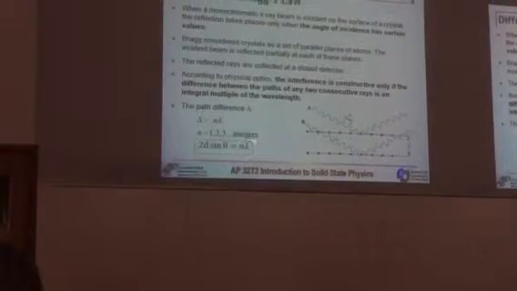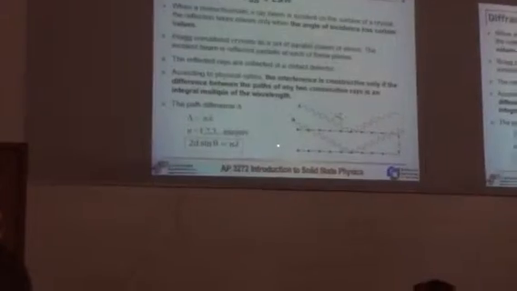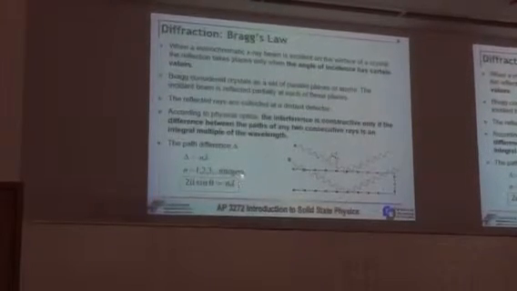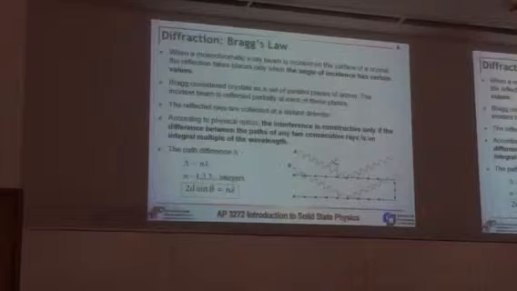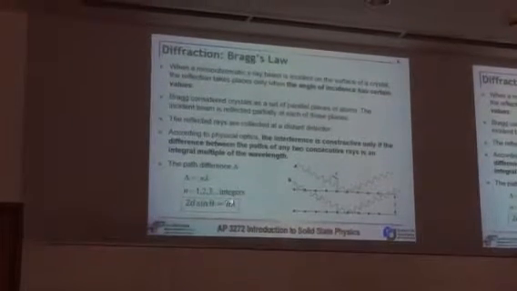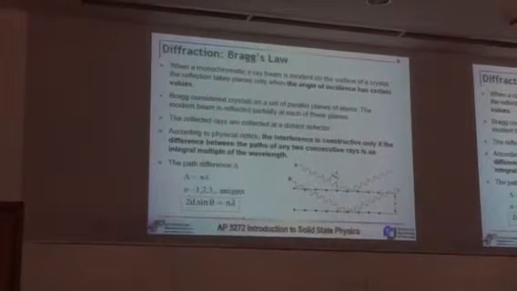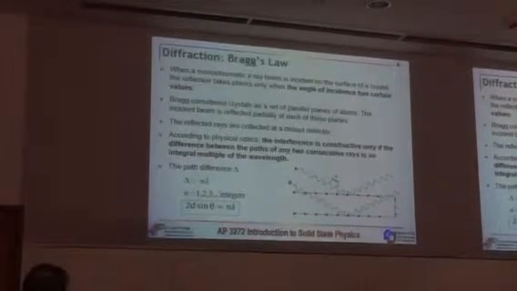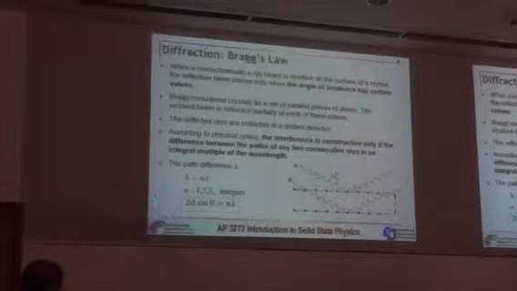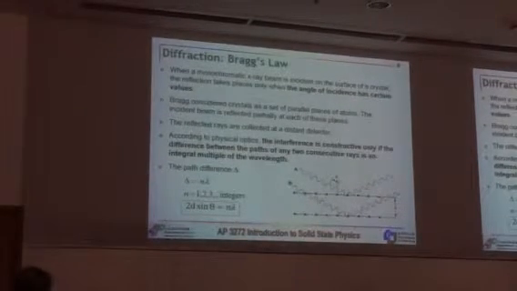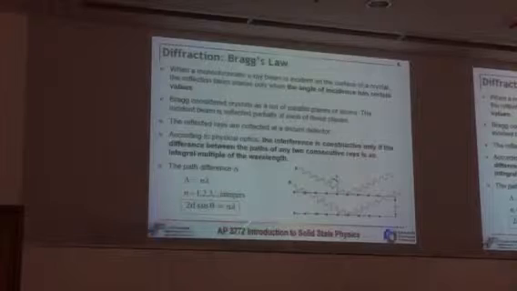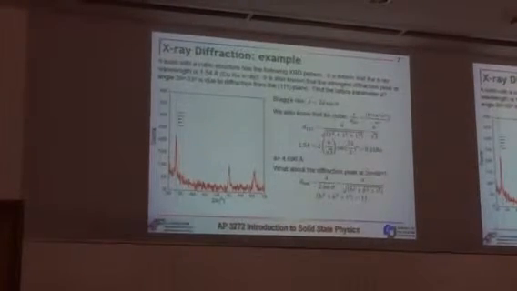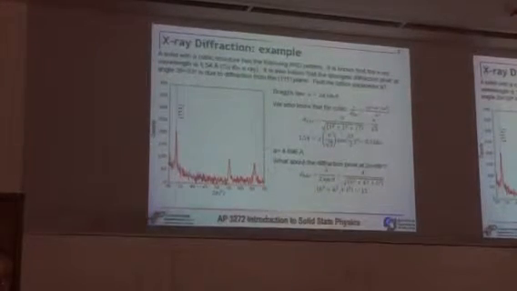The n is not that important because normally we're only looking at the first order here, unless your wavelength is really, really short, then you can take n equal to 2. In normal X-ray diffraction, n is only 1. So this is Bragg's law that you have to remember, but the equation is given. You have to be able to use Bragg's law and calculate something.